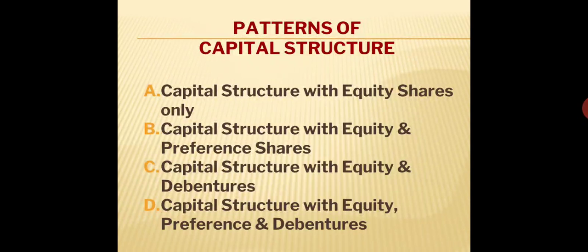So the whole earning is divided amongst the equity shareholders, the debenture holders and the preference shareholders. So ultimately, equity shareholders do not get the advantage of the additional earning of the company.